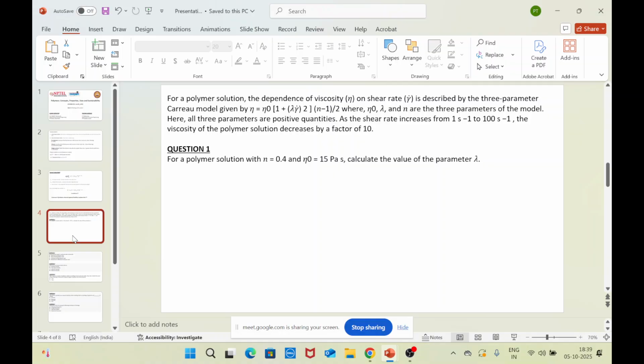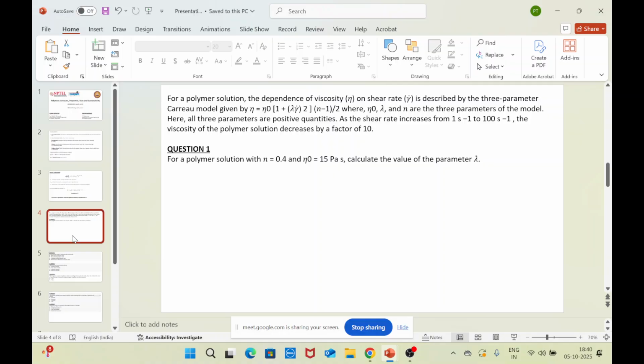For a polymer solution, the dependence of viscosity on shear rate is described by a three parameter Carreau model given by eta equals eta naught times (1 plus lambda times shear rate, the whole squared), whole power (n minus 1) by 2. Here the high shear viscosity that we discussed previously in the Carreau model is going to be 0.